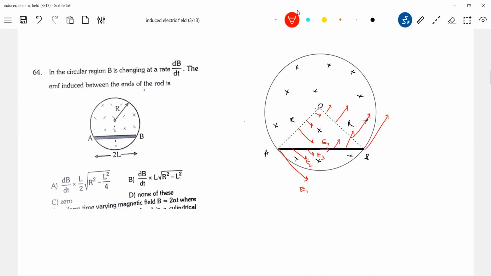So why are you not using this formula for EAB? Tell me, what is the difficulty I'll encounter here? At different points on the rod, the magnitude of E is different, like E1, E2, E3, E4. And also look at the angle between DL and E bar. It is also varying, no?